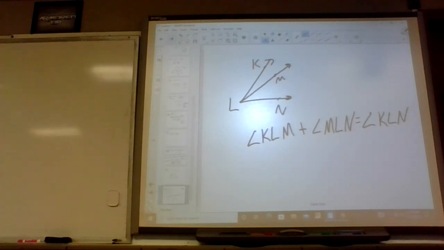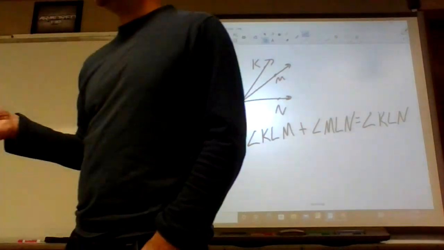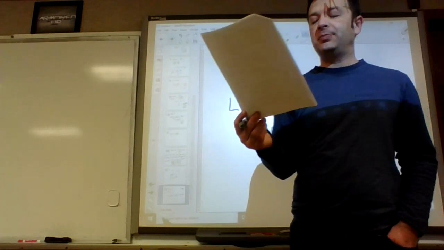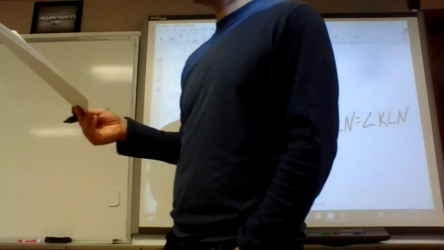They turned it into an algebra problem basically: XY equals 3A minus 7, YZ equals 15 minus A, and XZ equals 24, all from the given. So they replaced all those segments with the numbers and letters. So 3A minus 7 plus 15 minus A equals 24.